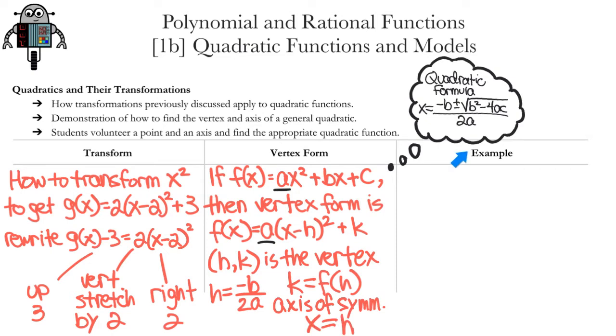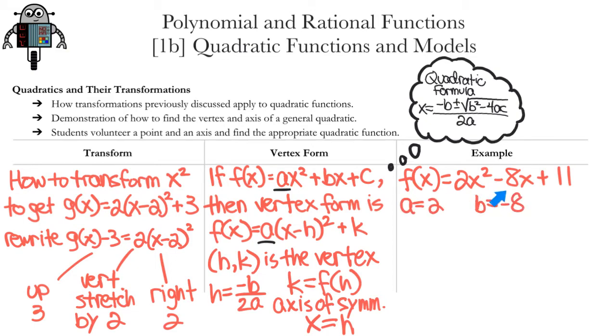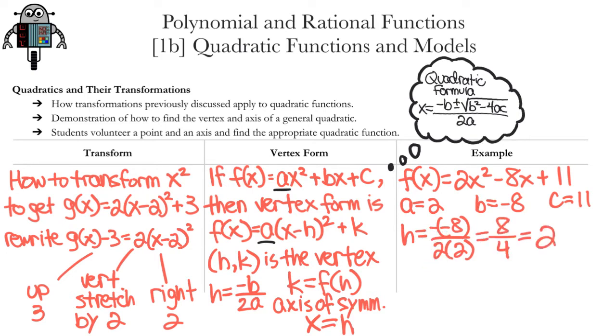Now I'll demonstrate how to find the vertex and the vertex form of f of x equals 2x squared minus 8x plus 11. Notice that a equals 2, the leading coefficient, b equals negative 8, and c equals 11. Therefore, the h value is the opposite of negative 8 divided by 2 times 2, which is 8 divided by 4, which is 2.